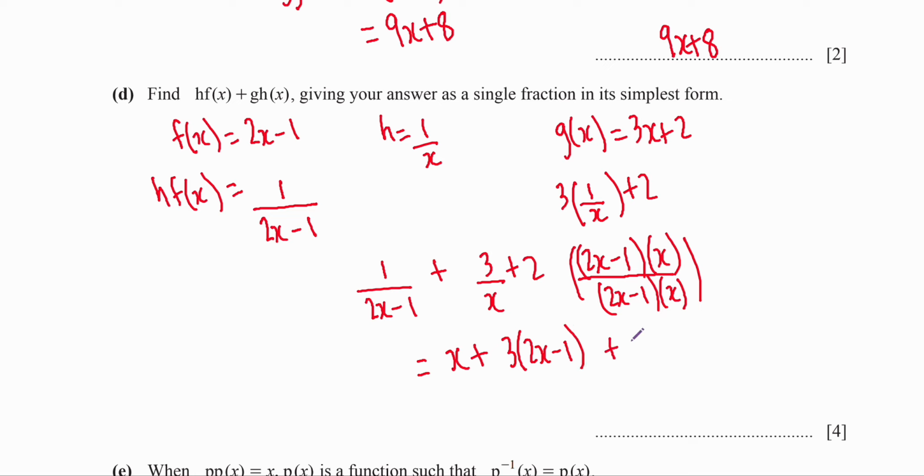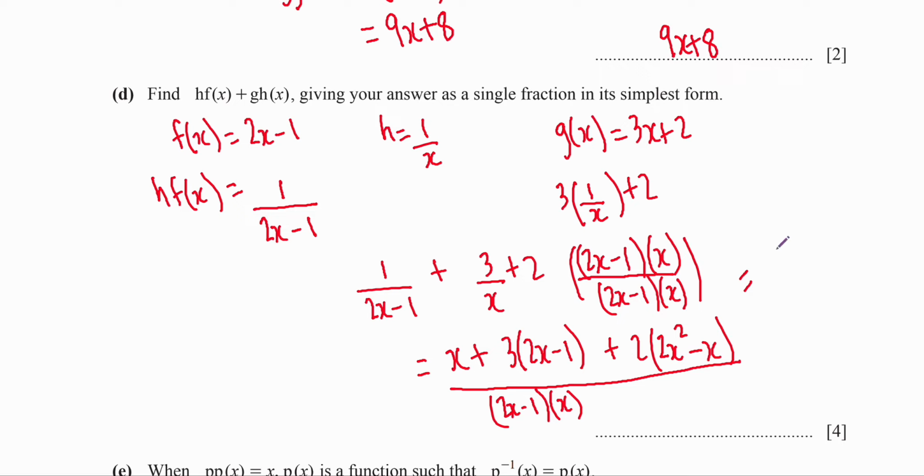And then here plus 2, and then this whole thing. So 2x minus 1 times x is 2x squared minus x. And then this is all divided by 2x minus 1 times x. This is all just simple algebraic manipulation. And then this is equal to, well, you have x plus 6x minus 2x.